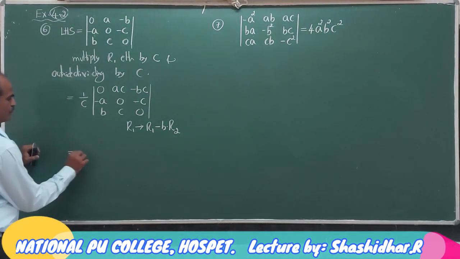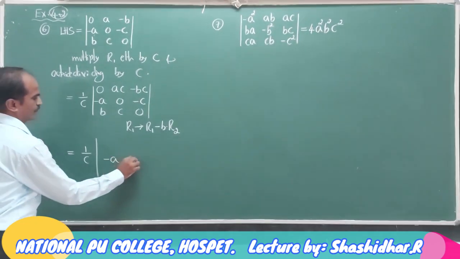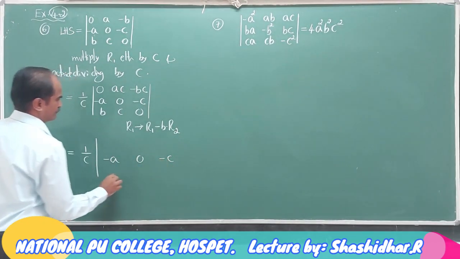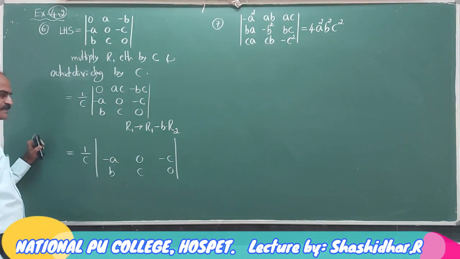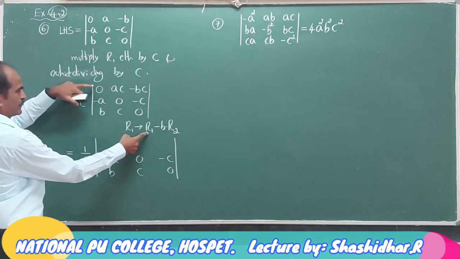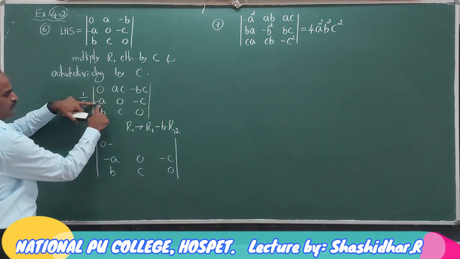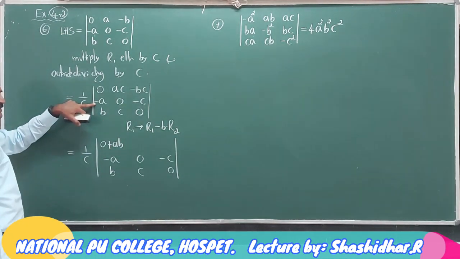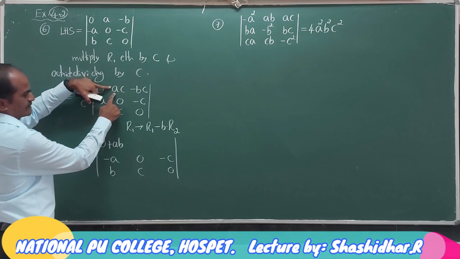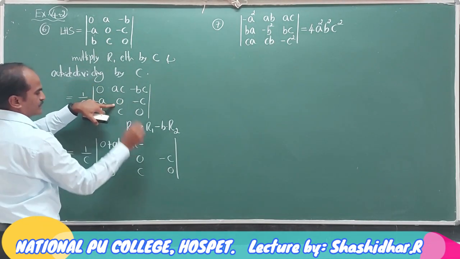Let me check what you are going to get. 1 by C times the determinant. Write the second and third row elements as it is. First row now is 0 minus B times R2. It is B times minus A, minus AB. Minus of minus, plus AB it becomes. Now AC minus B times this, that is 0.